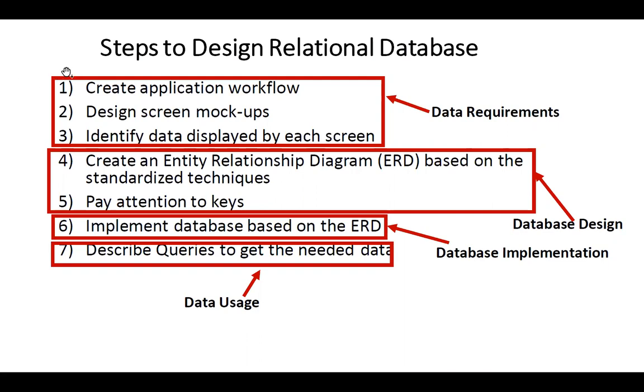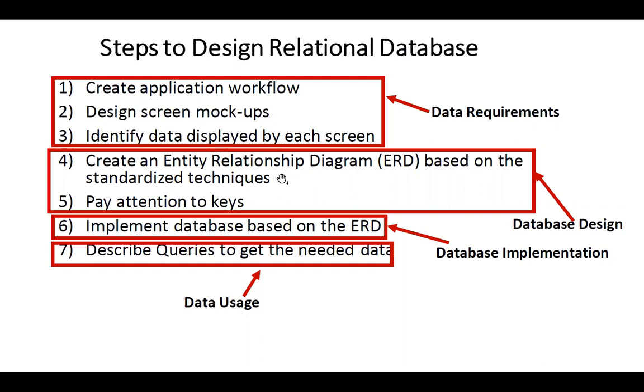With a relational database, we create our initial model at the end of the conceptual stage. So 1, 2, 3 cover most of the conceptual stage, and number 4 is the end of the conceptual stage. We create our initial model based on the data requirements.